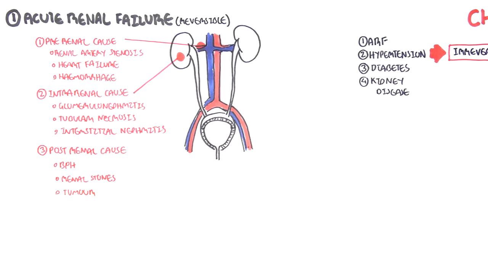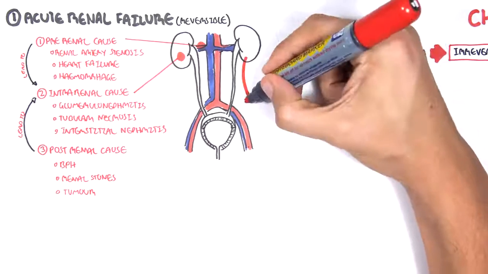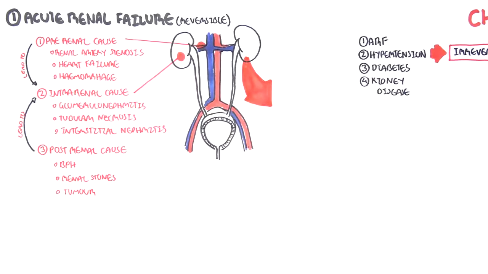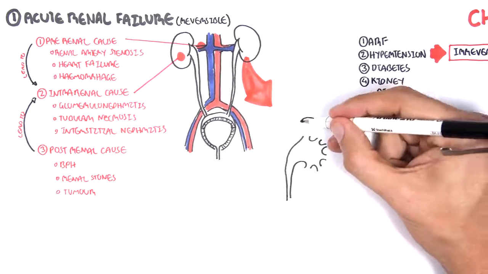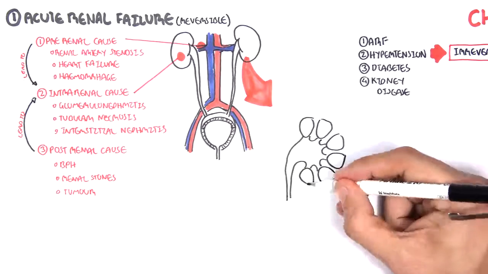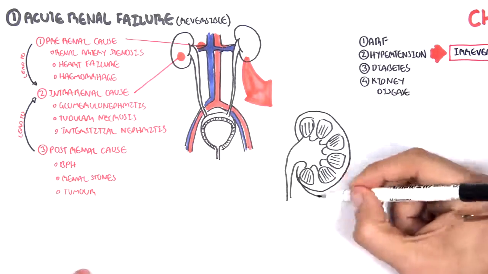It is also important to note that pre-renal and post-renal causes often lead to intrarenal causes, and this will all lead to acute renal failure. So that was acute renal failure and some causes. Again, acute renal failure can lead to chronic kidney failure.